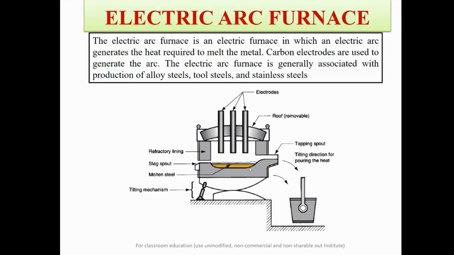At the bottom of this furnace, you place your ingots, and then these are electrodes which are made up of carbon, and then you supply current between the electrodes and the metal scrap placed here.